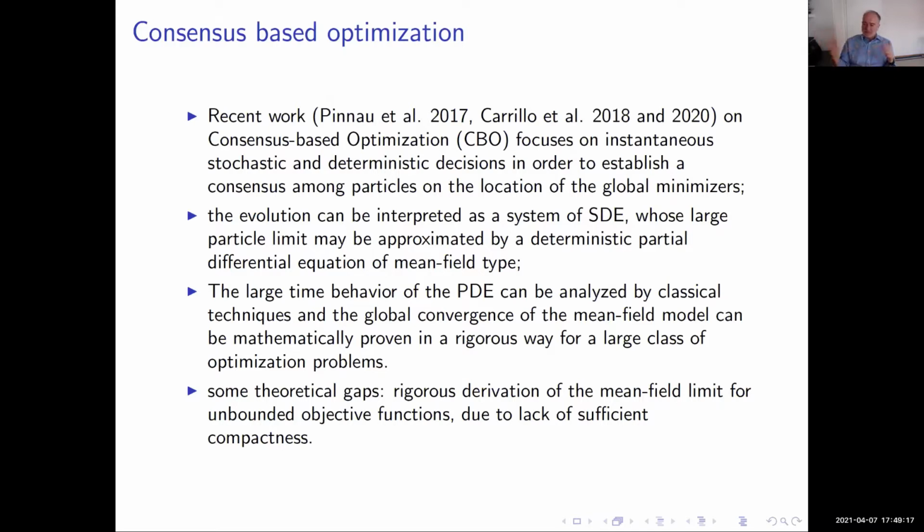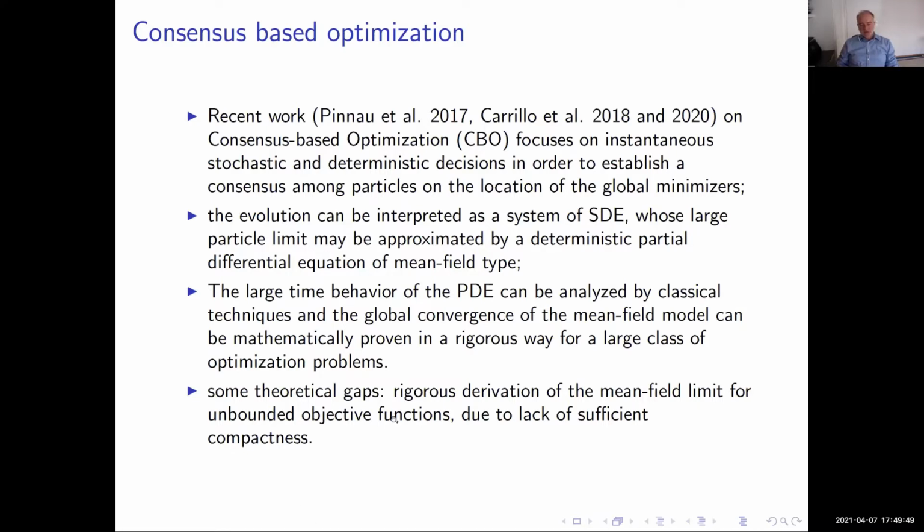This is the case for unbounded objective functions. For bounded objective functions, one can use this property to derive the mean field limit. But in general, this is an open gap in the approach. And so in the original papers, Carrillo and others actually studied the large time behavior of the mean field limit equation, as a sort of meta description of what is going on.